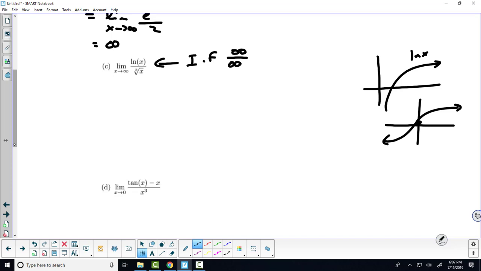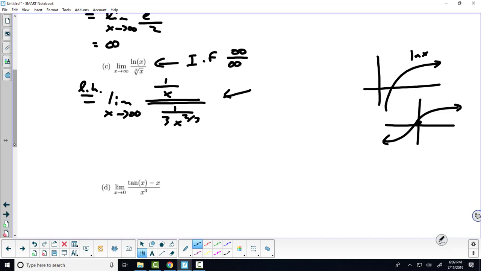Okay. And again, it's got a function that I'm not really comfortable working with limits with, the natural log, so let's go ahead and apply L'Hopital's rule. It applies. I think we should apply it. So this gives us the limit as x approaches infinity of 1 over x, all divided by 1 over 3x to the 2/3.